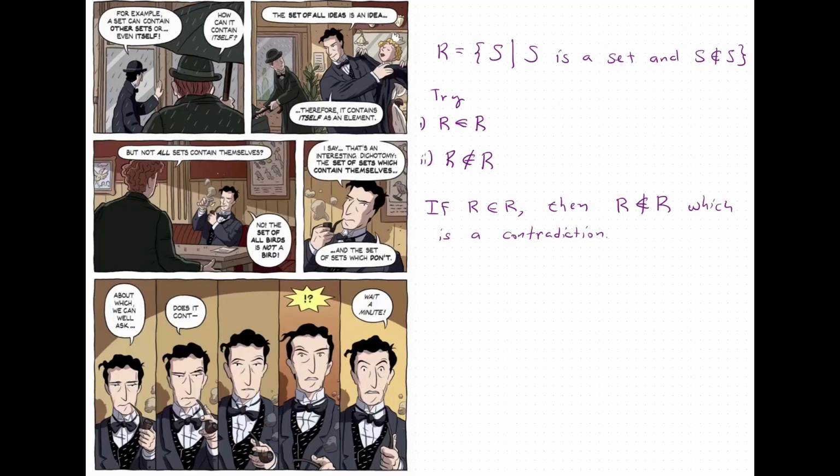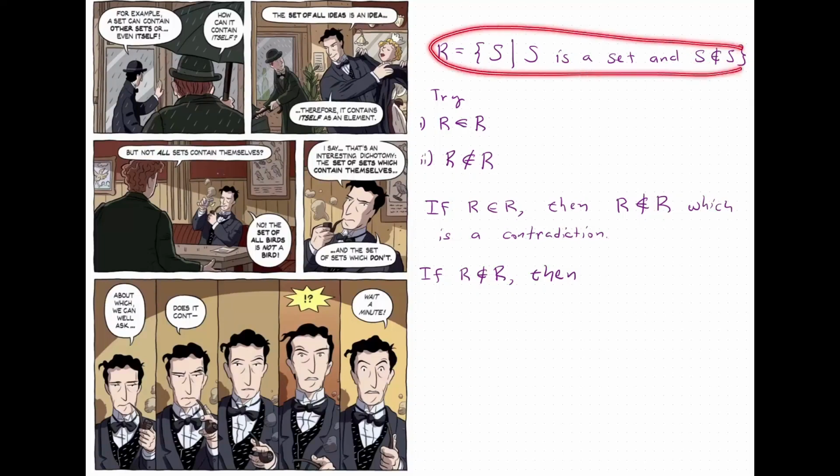But if we do the same argument, where now we take R is not in R, then to not be in here, that would mean that R must contain itself, since that is the defining property of how sets are in R. So if we have a set that is not in here, it must be the case that it must contain itself.